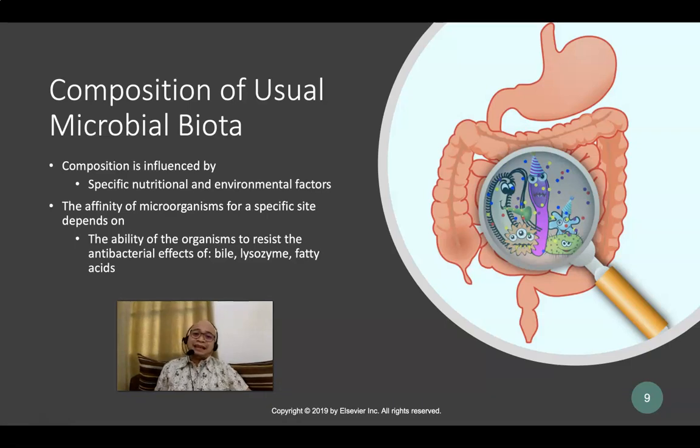The microbial biota in the intestine may be different from the ones found in our skin or in our respiratory linings. So it depends on the environment. The affinity of microorganisms for a specific site may depend on several factors.